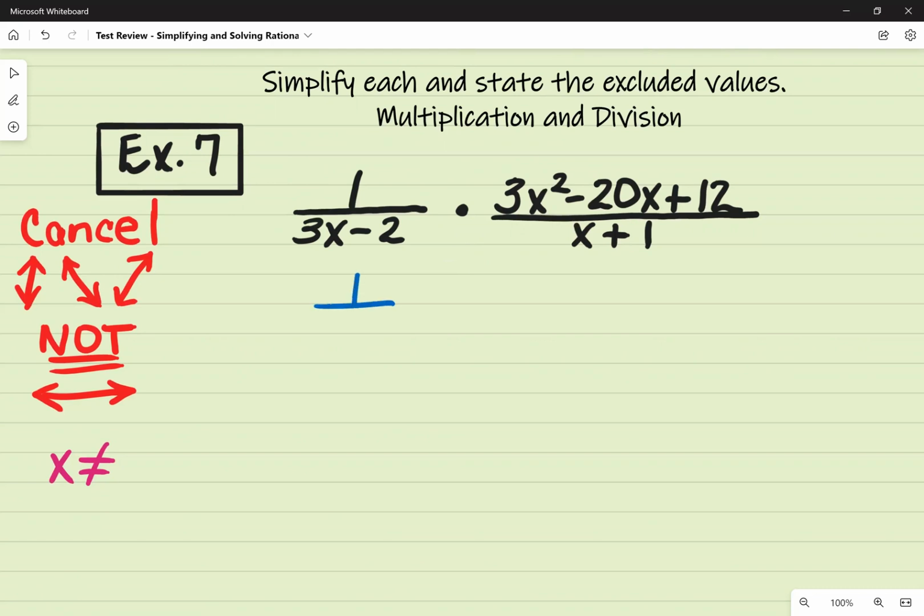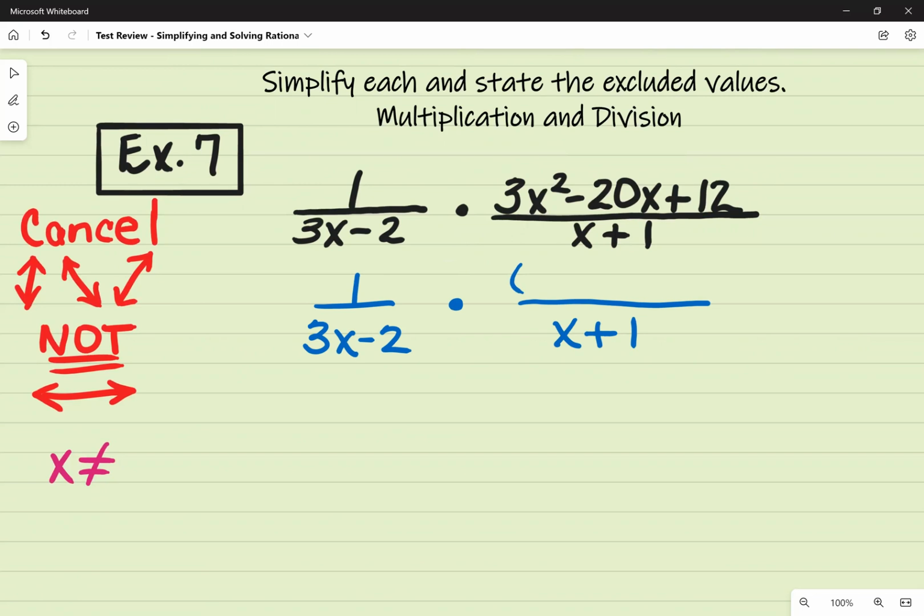So 1 over 3x minus 2 is in its simplest form, and so is this denominator, x plus 1. But if I look at this numerator, that can be factored.